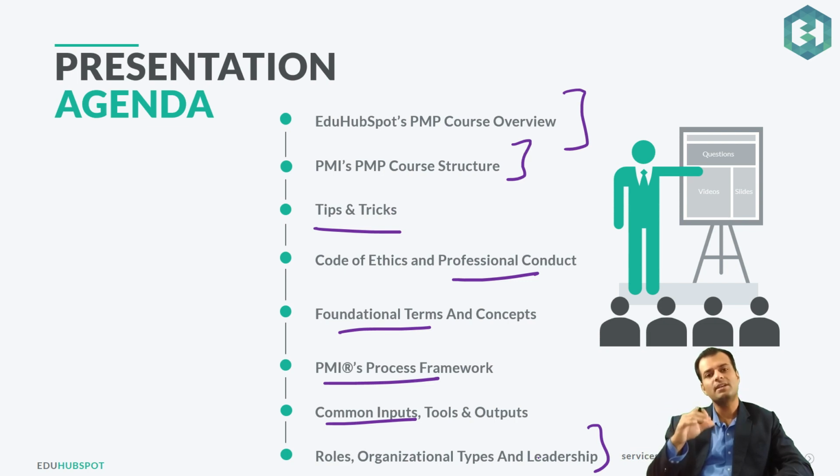Then each particular knowledge area would have an introduction video, which will cover the generic form, just a high level description of all the processes which we have in that knowledge area. Then for each and every process we would have an independent video. Specifically, the mathematics sections in earned value management, cost management, and also the network diagram will have their own independent modules and separate videos.